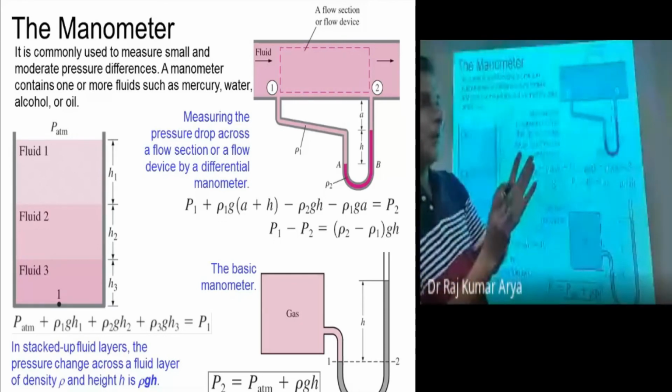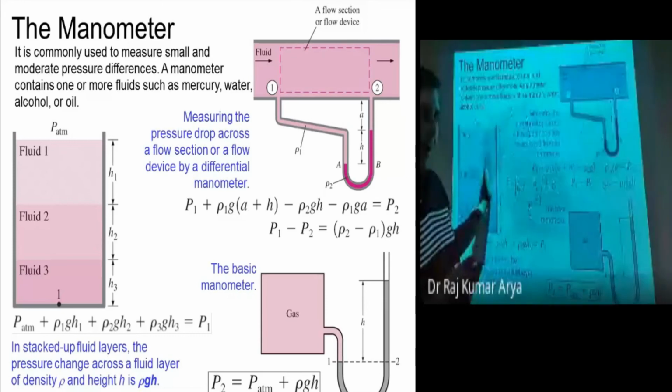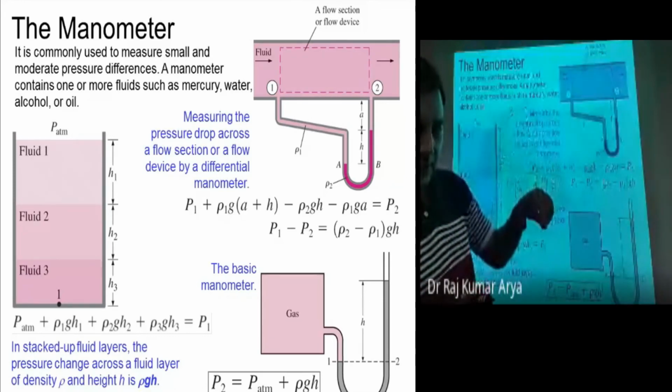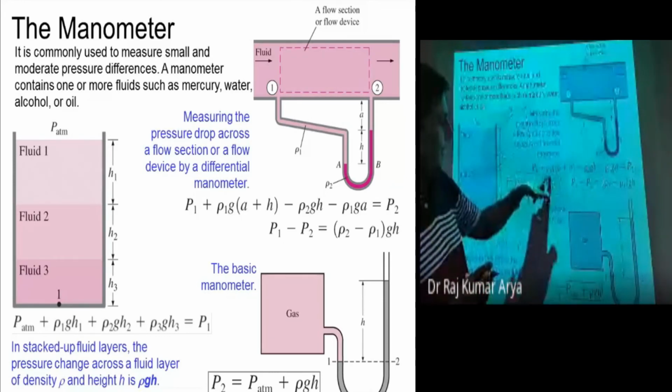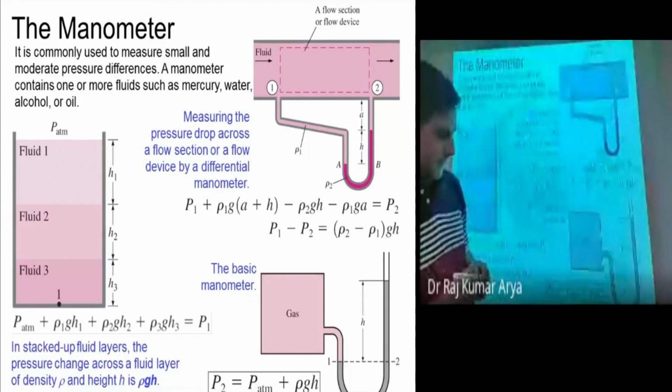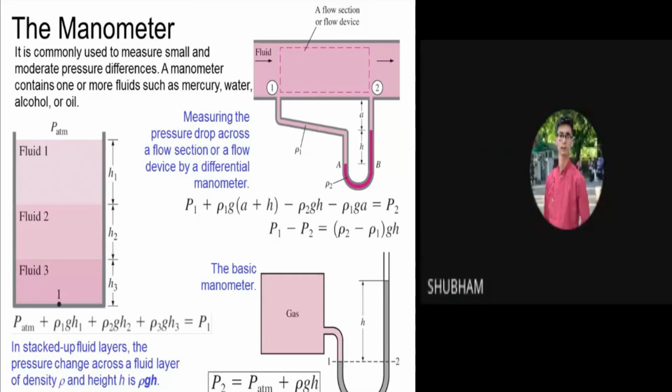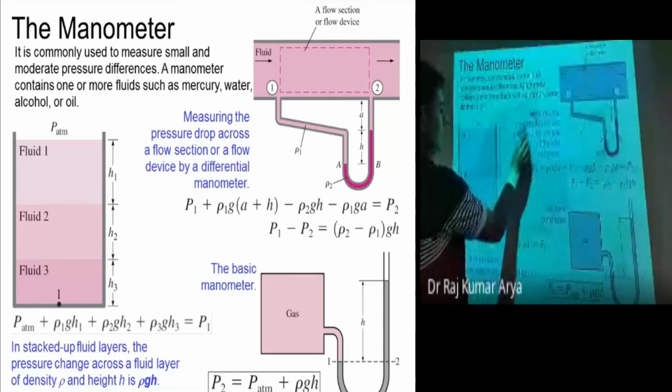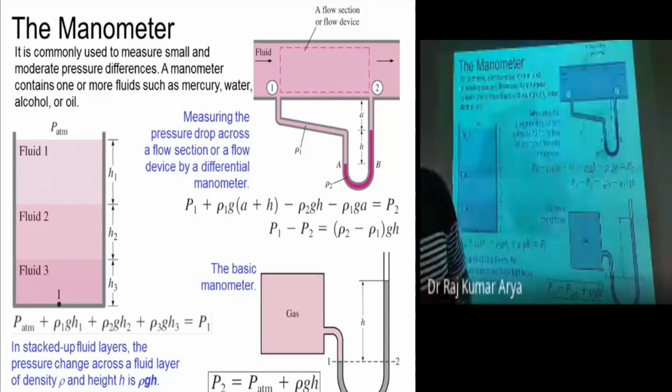So if you want to calculate the force on a particular surface, you calculate the pressure at the centroid and multiply by its projected area. That will give you the pressure force.